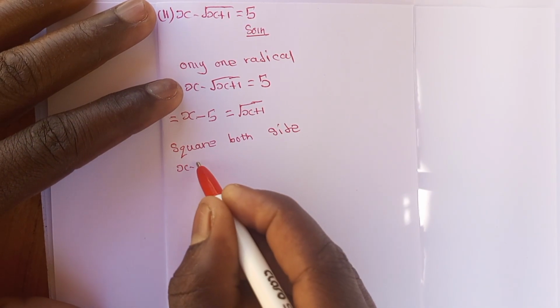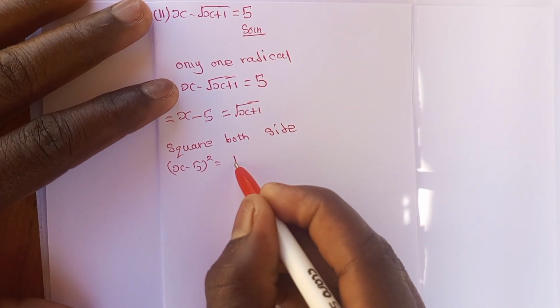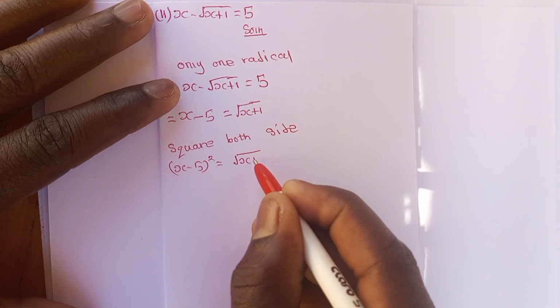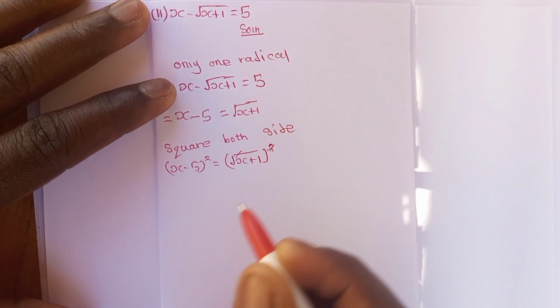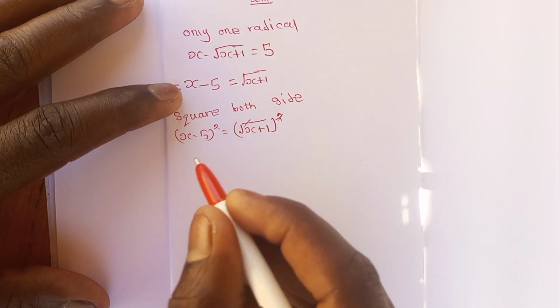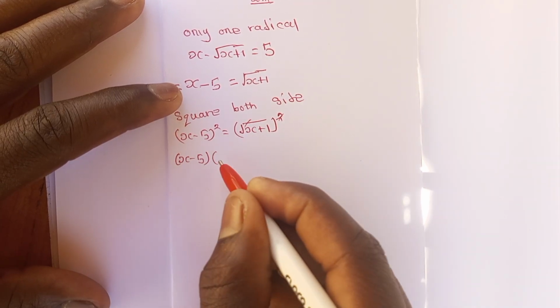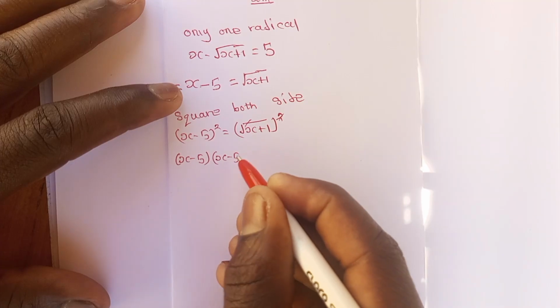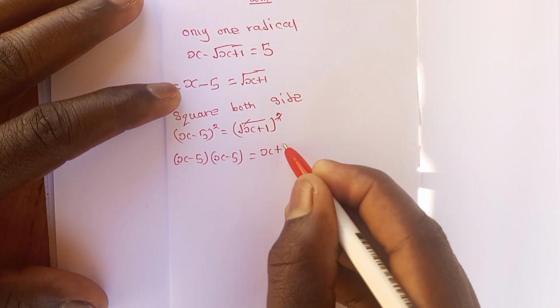Now we say x minus 5 all square equals to root x plus 1 all square. This square cancels square. We are going to open this bracket 2 times because of this 2. We say x minus 5, x minus 5 equals to, we have now x plus 1.